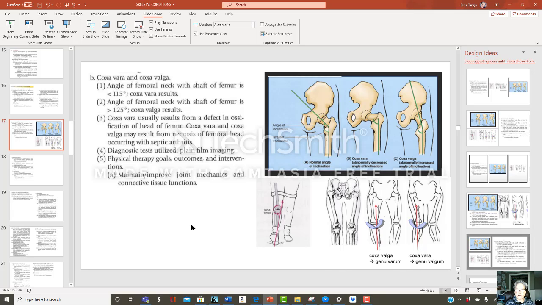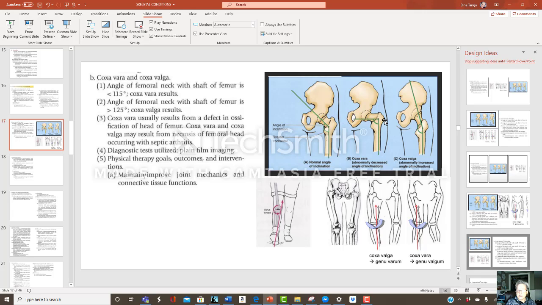Okay, so this is the angle of inclination, the normal angle. And then with coxa vara, it is less than 115 degrees, so that looks like 90 degrees.